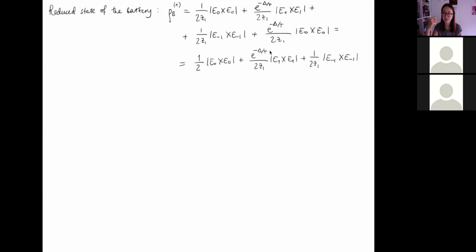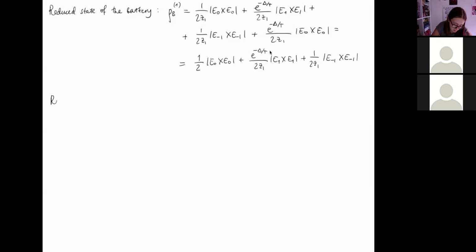And this is why the heat bath qubit is less prone to induce this energy raise in the battery, but it's more prone to induce the lowering of the energy in the battery. And yes, this essentially happens.